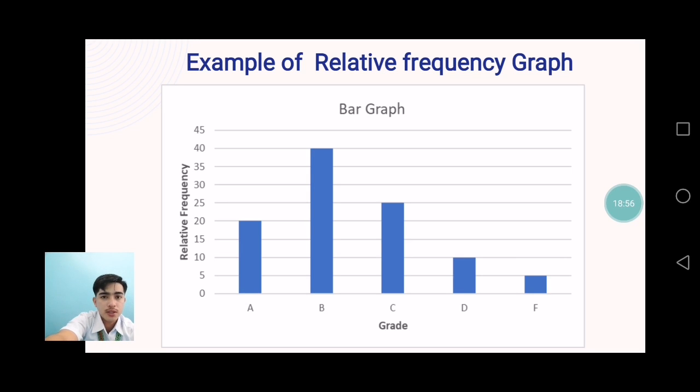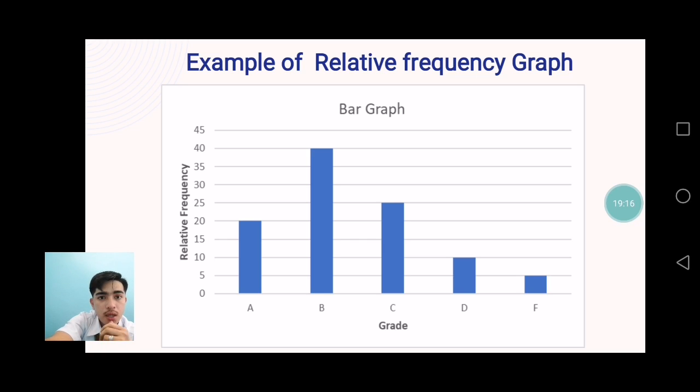So let's make two different relative frequency graphs since the table is already filled out. We have the bar graph and the circle graph. For the bar graph, you have to label the y-axis as your relative frequency, of course, and your x-axis will be your grades.